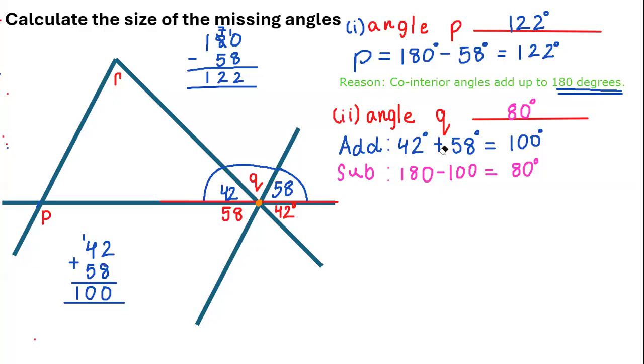We add them. 42 and 58 gives us what? 100. Very good. But we still have to figure out what Q is. The angles on a straight line at a common point add up to 180 degrees. So we're going to take 180 and subtract 100. And that gives us what? 80 degrees. That makes sense? Good. Very good.